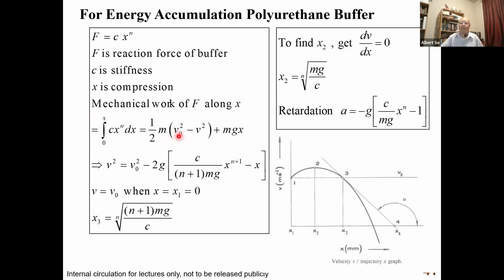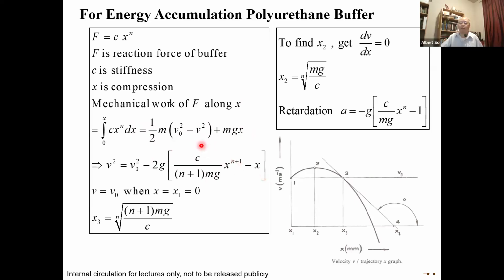So V naught is the original speed when the car is hitting the buffer, and V is the instantaneous speed when the buffer is compressed to a distance x from the beginning. So this one is the loss in mechanical kinetic energy, and this one is the loss in potential energy, mgx. Then x is the compression of the spring, and you do integration.